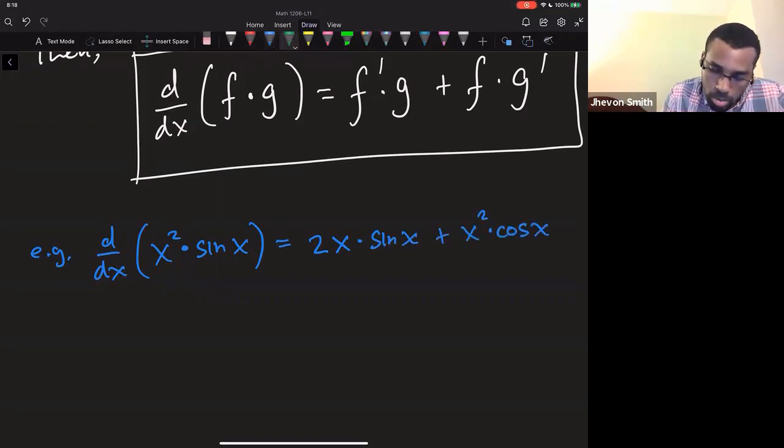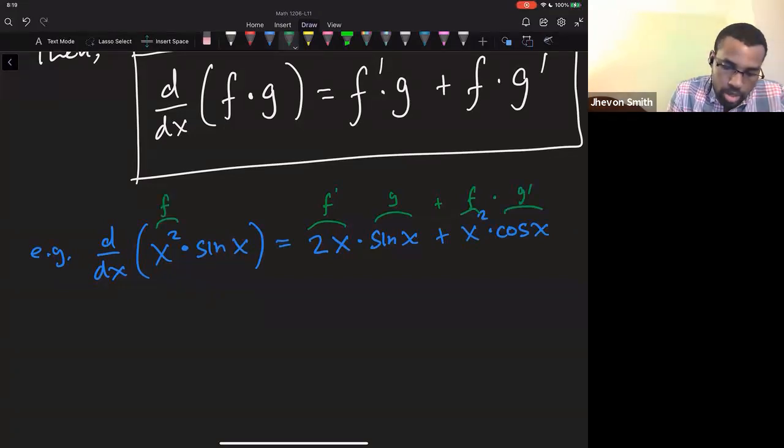So this here would be f prime times g plus f times g prime, where I'm thinking of the x squared as my f, and I'm thinking of the sine x as my g. So we can have that. So that'd be a derivative of that product.